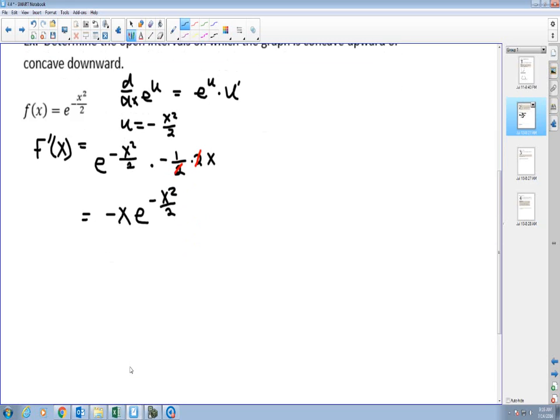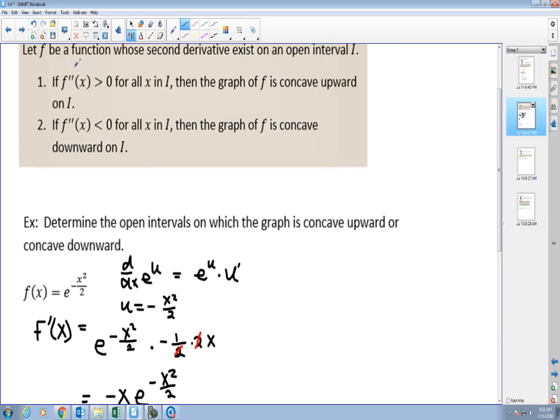Let's do an f double prime. Take the second derivative so I can see if I'm concave up or concave down.